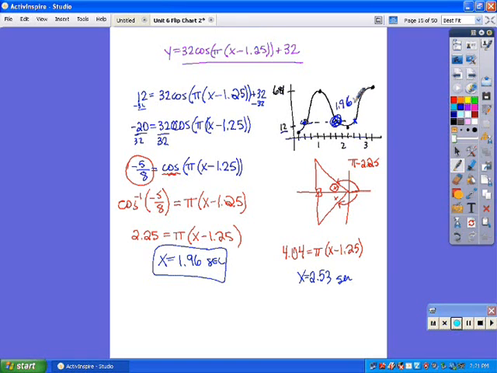I still need to consider how many times after my beginning point. This was my beginning point. So when I did this work, I found this one and this one because they're the first two times after this scenario starts. However, the original problem is just asking for the very first two times.